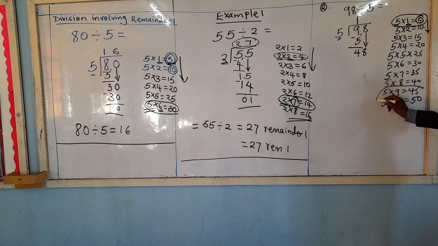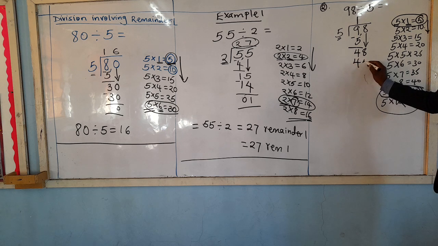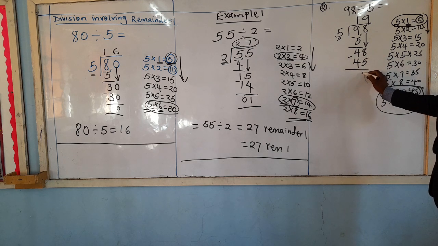Now we have between these two. Then we cannot take 50, because it is bigger. So we will pick 5 times 9, which is 45. Our 45, we write it down here. Then our 9, we write it at the top. Then take away this, we are going to get 3.